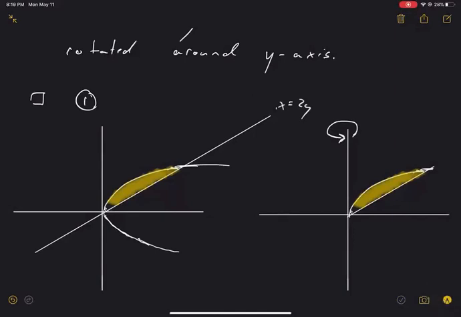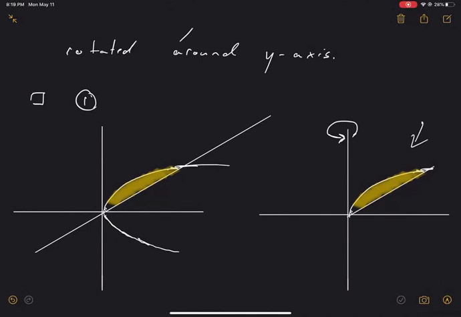And then this sideways parabola would be x equals y squared. There's only one region enclosed by those curves, that yellow shaded region. Let's erase all the extraneous information and we get this, and we want to rotate it around the y-axis. So picture what that would look like in your mind.